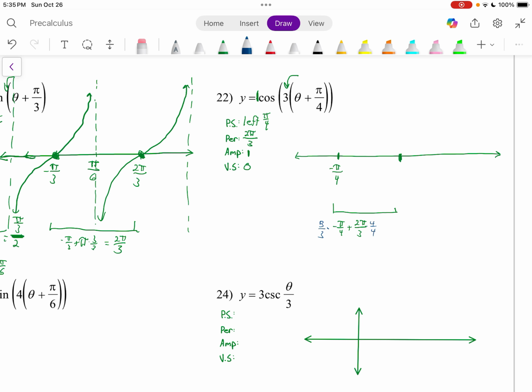So really we're doing negative 3 pi over 12 plus 8 pi over 12. Puts us at 5 pi over 12.